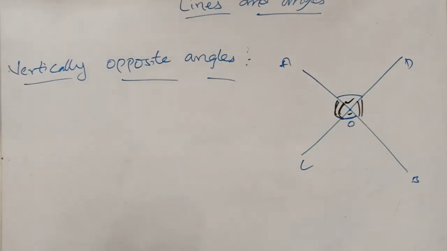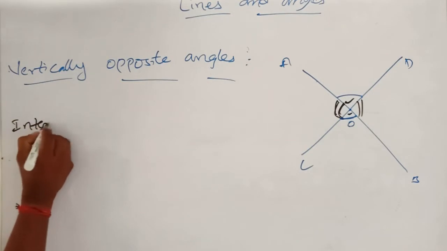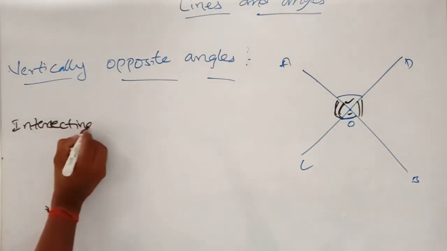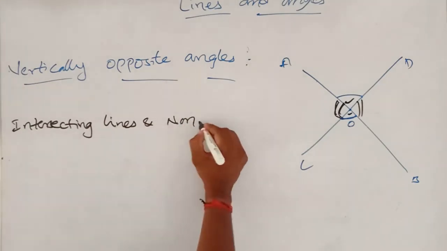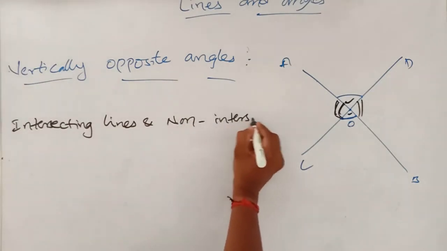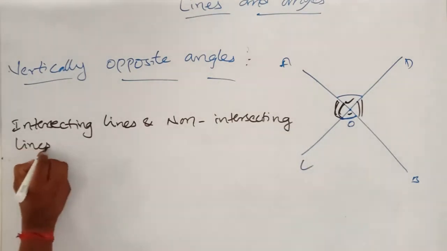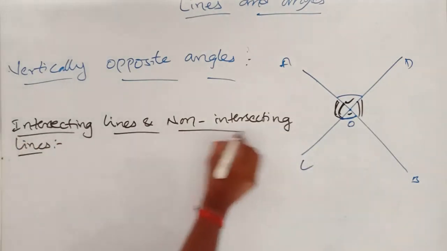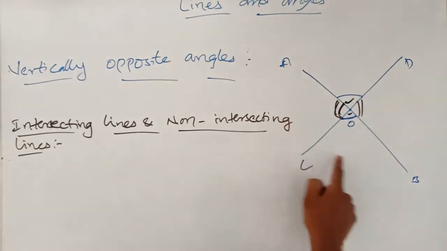Now the next topic is intersecting lines and non-intersecting lines. What are intersecting lines? If two lines intersect each other at one point, then those lines are called intersecting lines.